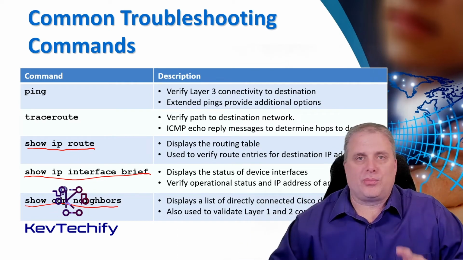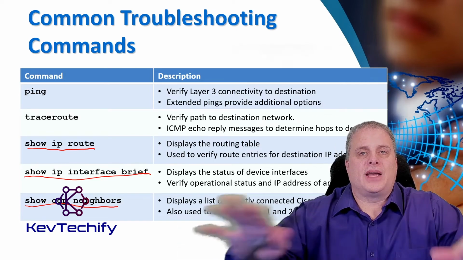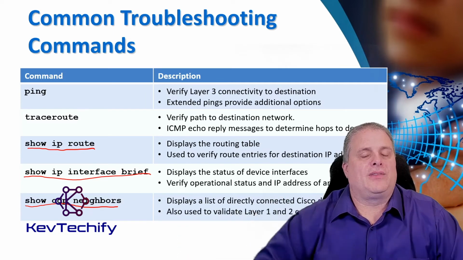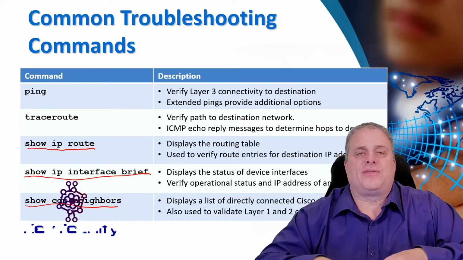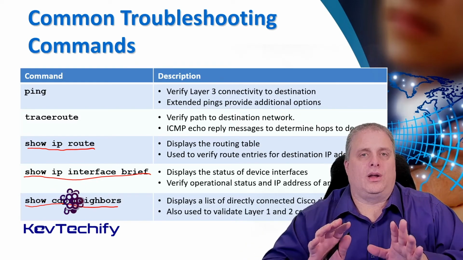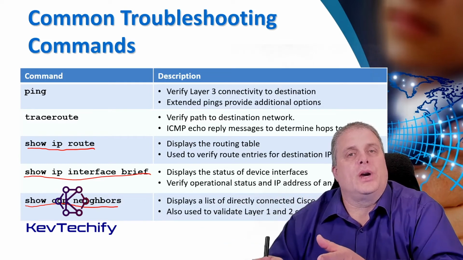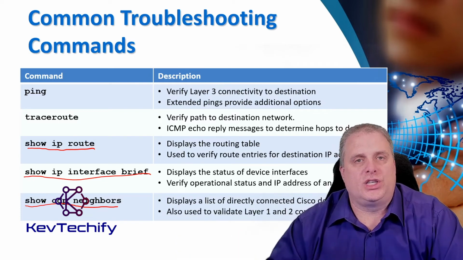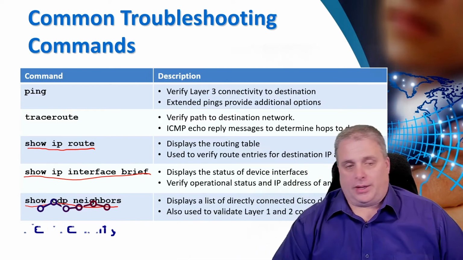So it scans all the ports and sends out Cisco Discovery Protocol messages to see if there's other Cisco devices out there, and if they are, they have a conversation. And then it builds a table that says on F0/1, it's connected to this switch on this port, and that switch is this model number. So it gives you an idea of what your network looks like.